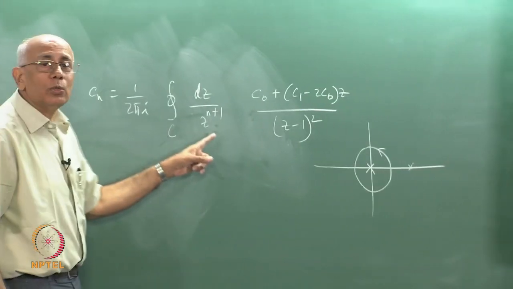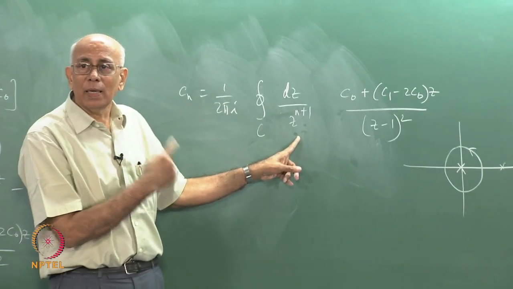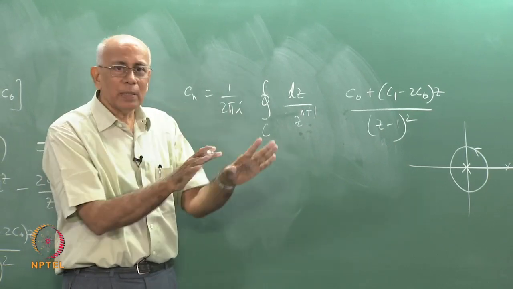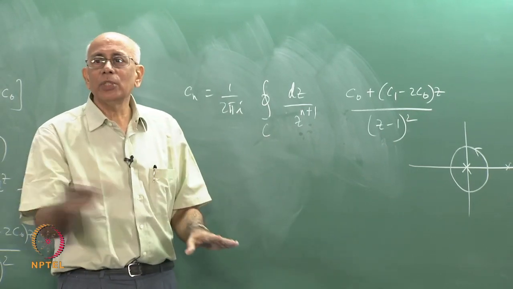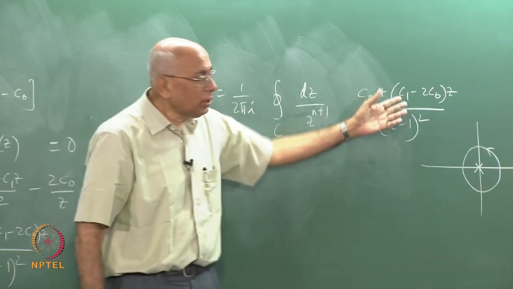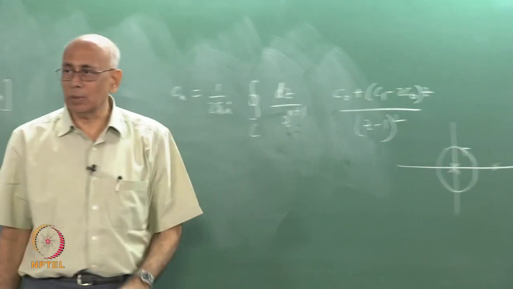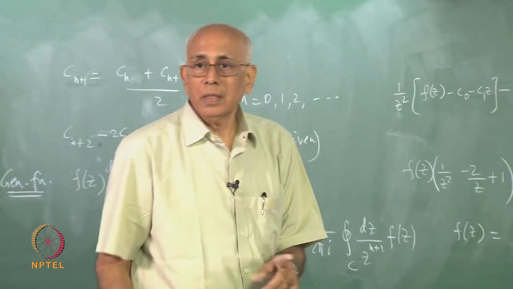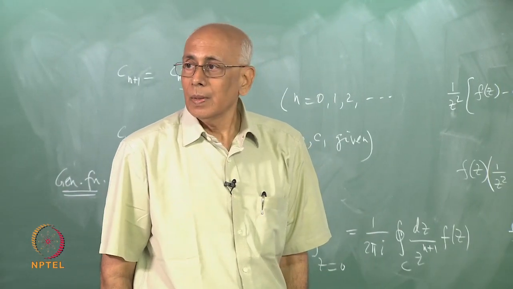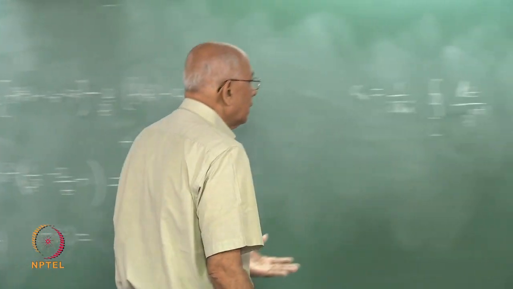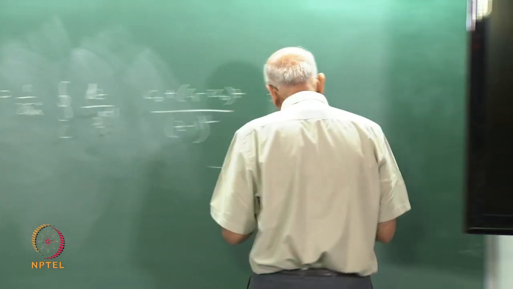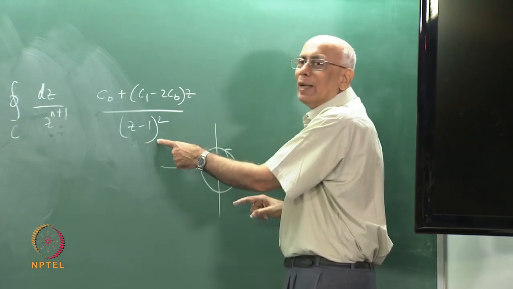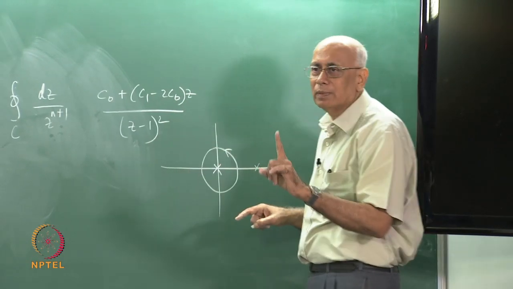Now if I try to do this integral directly, I need to find the residue at z equal to 0, so I multiply by z to the n plus 1 and then differentiate n times. But I have to differentiate this ridiculous function n times, numerator and denominator, at z equal to 0, which is a tedious task. On the other hand, it would be so nice if all we had to do was to evaluate the residue at this point, because that is just a double pole. I differentiate only once.